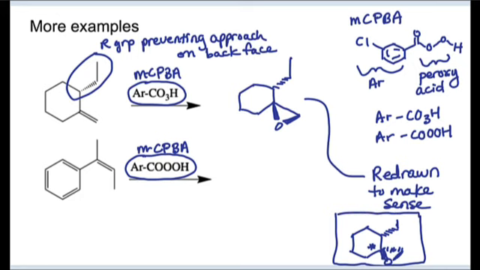All right, so we predict this as our expected epoxide product, and that drawing makes a bit more sense than the original one that I drew, because for any tetrahedral center, we have to have two planar bonds, one dash, one wedge, right? And in this case, we have three planar bonds on this carbon right here.